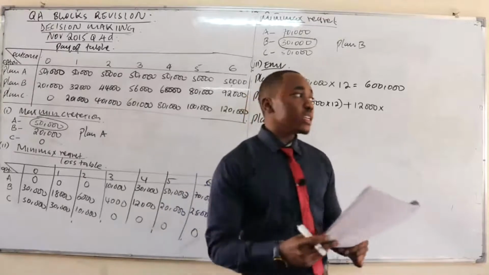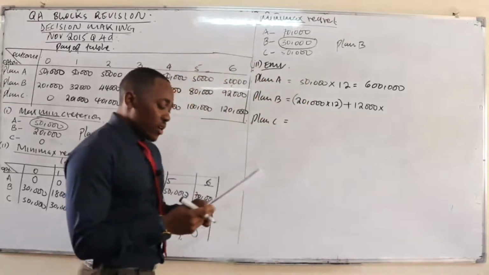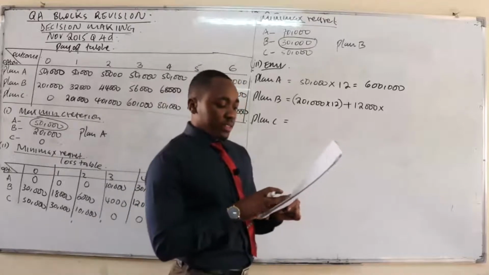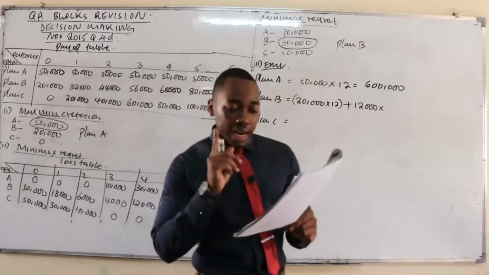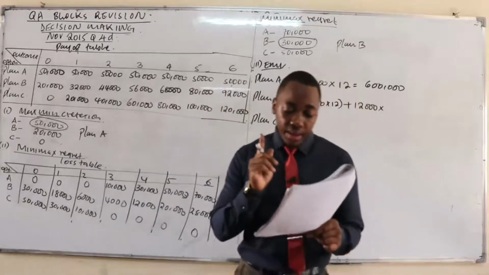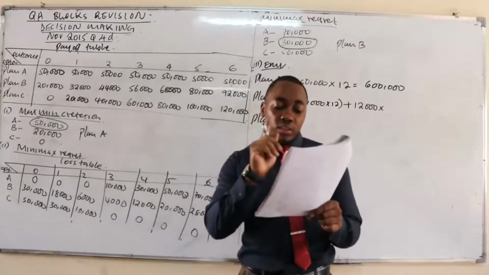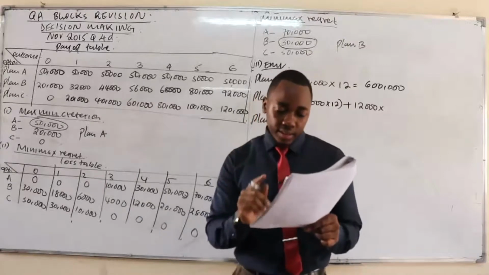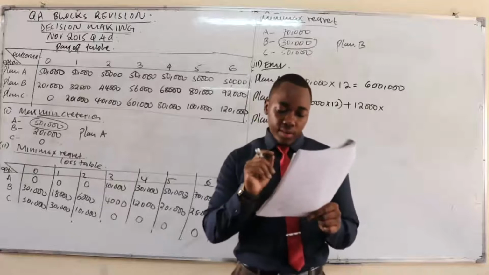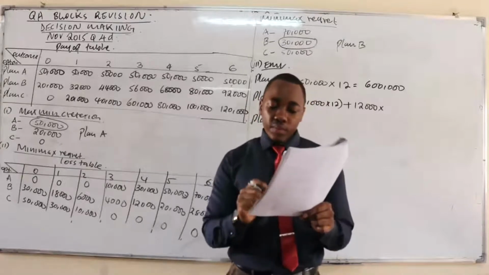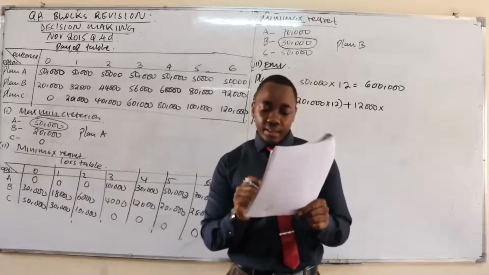So if you want to get the total number of units sold, for example, number of houses sold, for example, 0, he sold nothing for how many months? 1 month. Then he sold 1 house for how many months? 2 months. He sold 2 houses for 1 month, 3 houses for 2 months, 4 houses for 1 month, 5 for 3 months, 6 for 2 months.